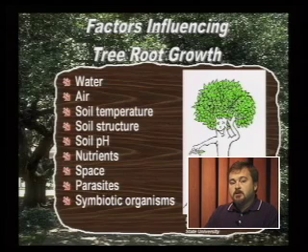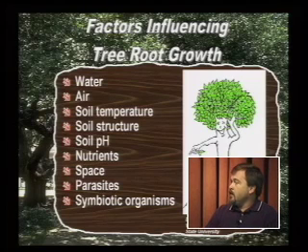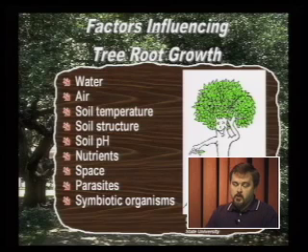Soil pH has an impact on the species that we're able to use, and soil pH levels can vary widely in an urban environment. The minerals that are in the soil are important because trees need minerals in order to be healthy. Soil space, having rooting space, is very critical in an urban environment because trees require lots of space, and having good soil is limited in an urban environment.